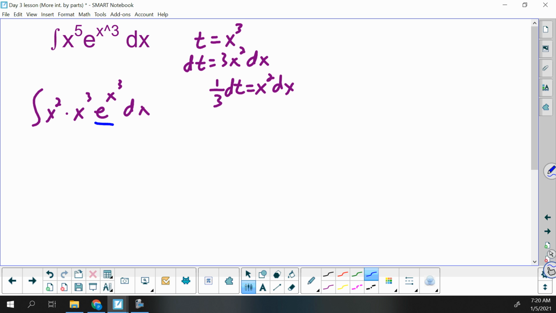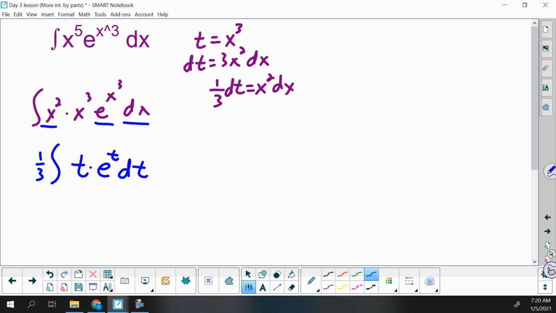So the e to the x cubed is now going to become e to the t. The x squared dx is now going to be 1/3 dt. So I'm going to put the 1/3 out front here. Here's the dt. And then we still have x cubed left. But x cubed was t. So we have 1/3 t e to the t.